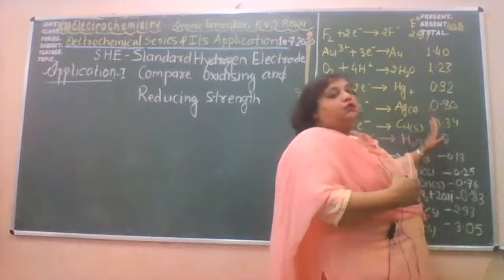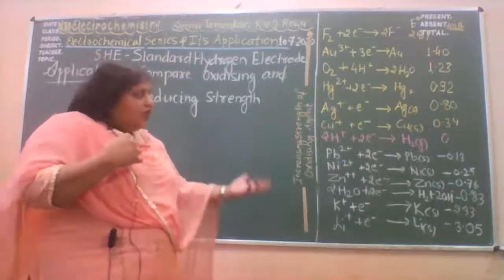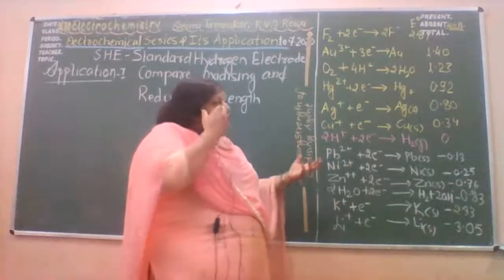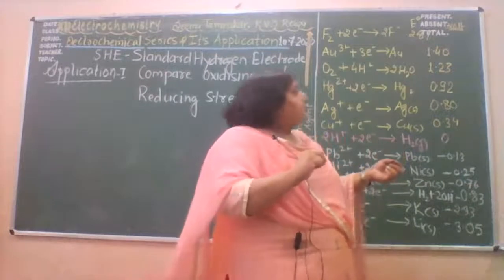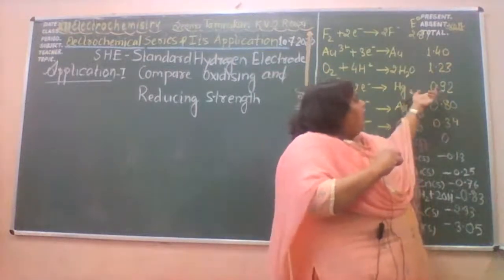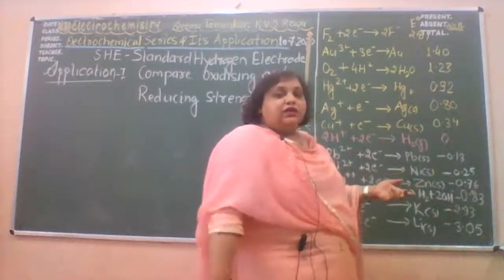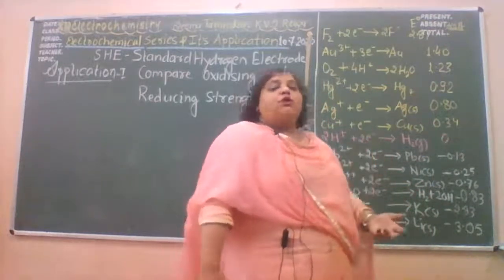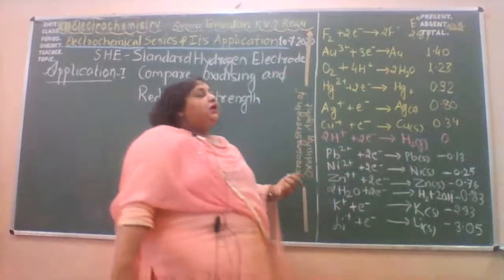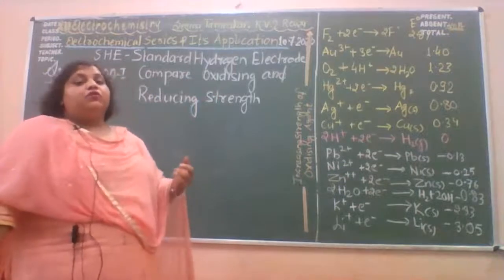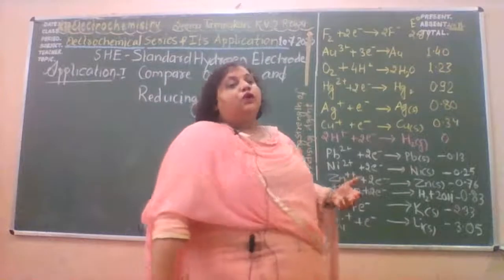Please note it down, I am raising my voice only so that you can see the importance. Always remember this point: the element with higher value of the standard electrode potential will be a stronger oxidizing agent. Once again, I am repeating: the element with higher value of the standard electrode potential.